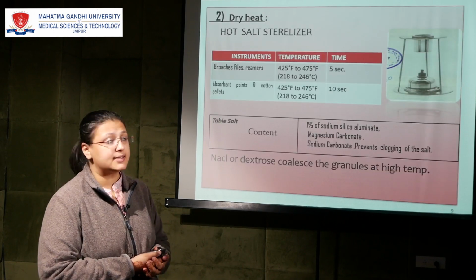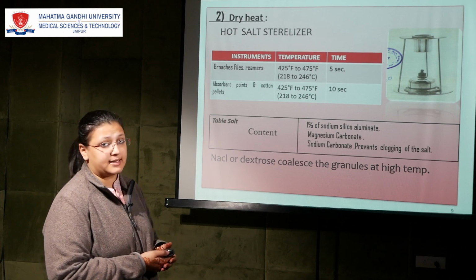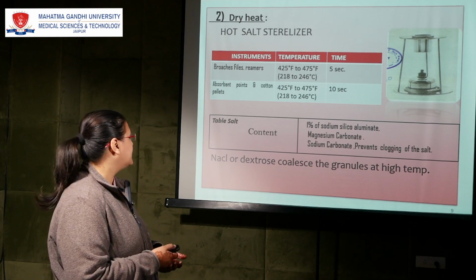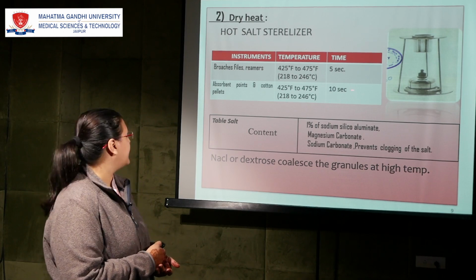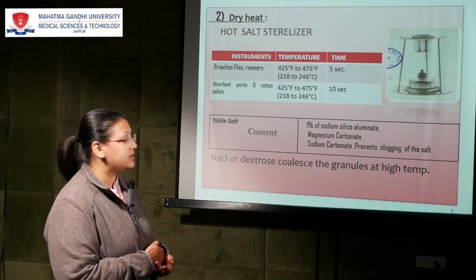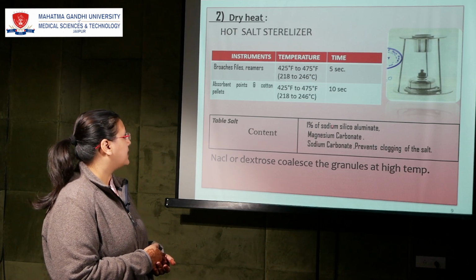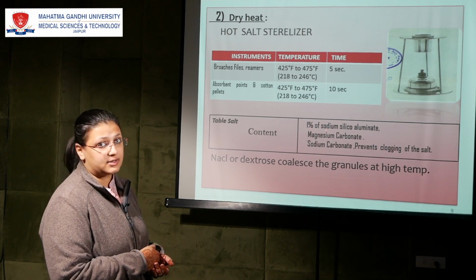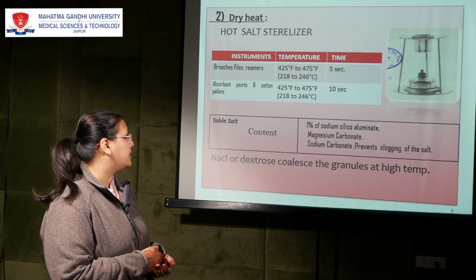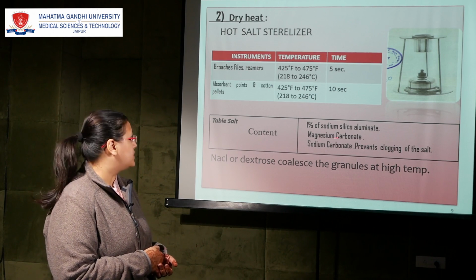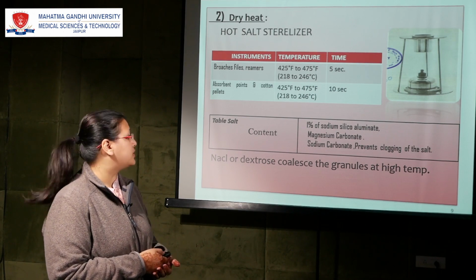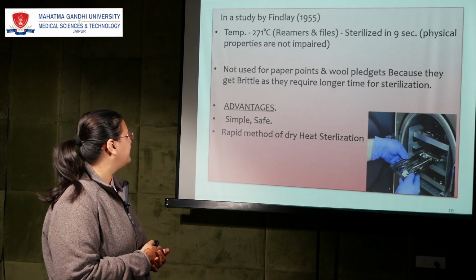Then comes the dry heat or hot salt sterilizer, which uses the principle of dry heat. The instruments that can be sterilized are broaches, files, reamers, paper points and pledgets for 10 seconds. The contents of the hot salt sterilizer are basically 1% sodium silicoaluminate, magnesium carbonate and sodium carbonate, which prevent clogging of the salts.